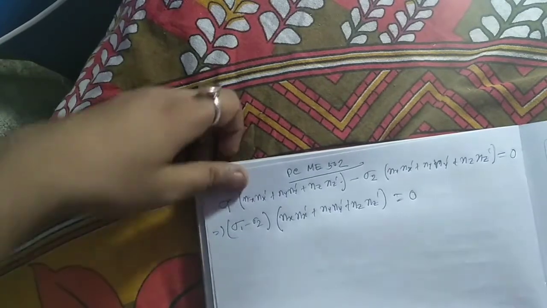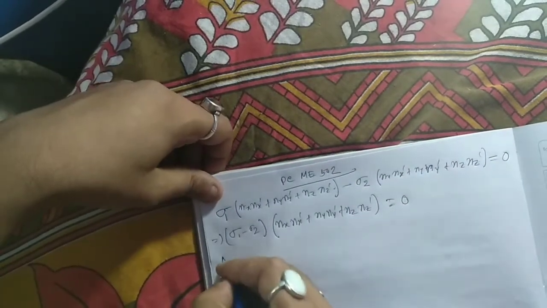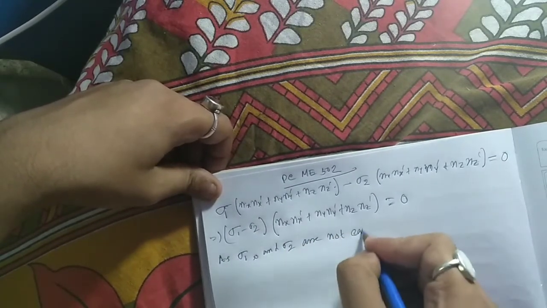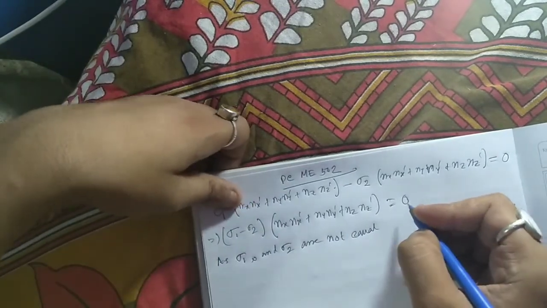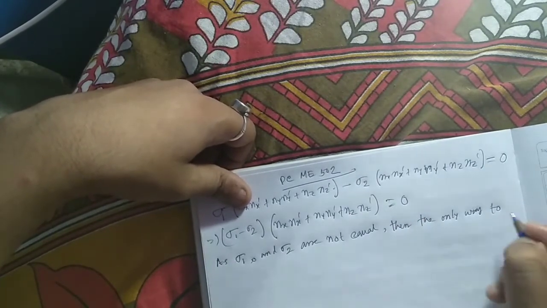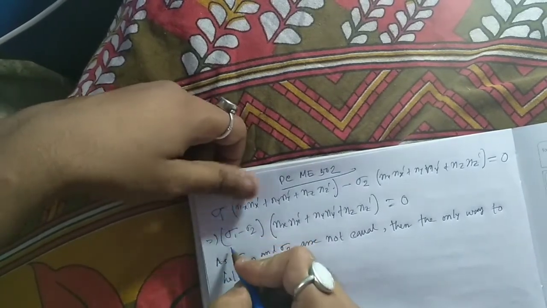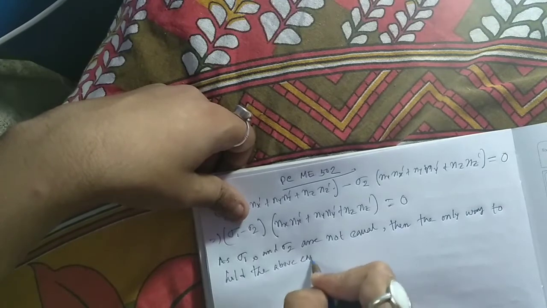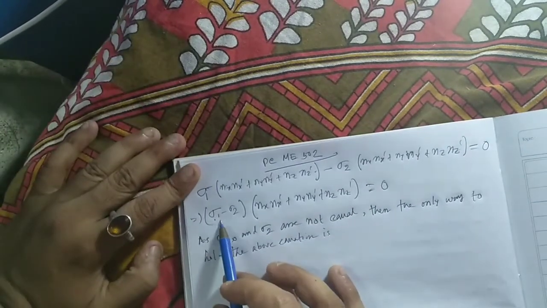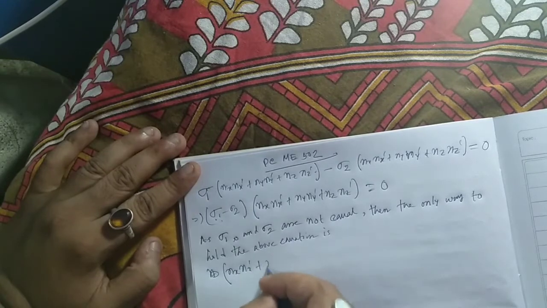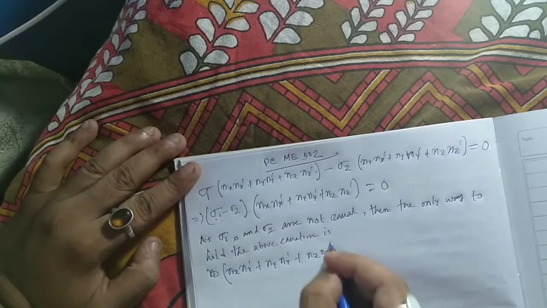As sigma 1 and sigma 2 are not equal, the only way to hold the above equation is, if sigma 1 is not equal to sigma 2, we definitely get that nx' + ny' + nz' is equal to 0.